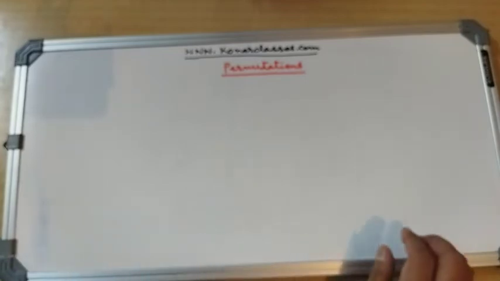In this case what we are going to discuss is what a permutation is. Let us first define permutation. A permutation is an arrangement in a definite order of a number of objects taken some or all at a time.